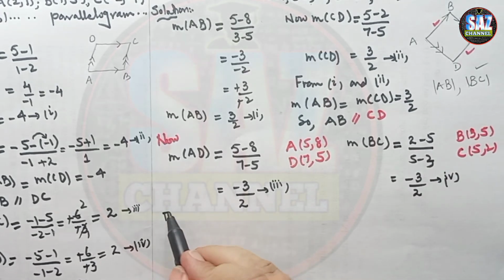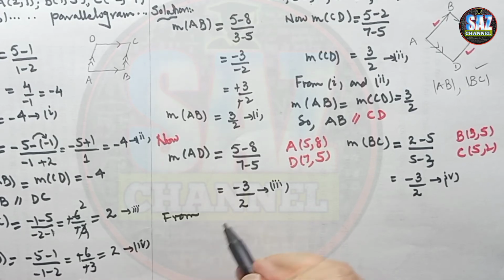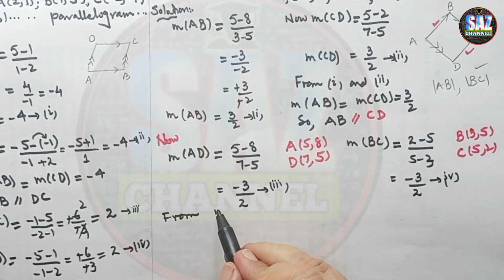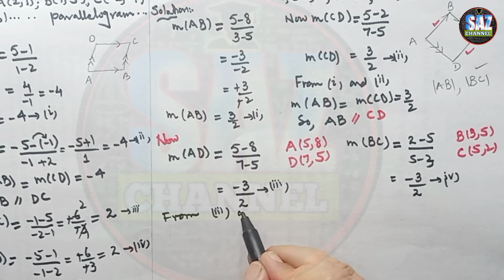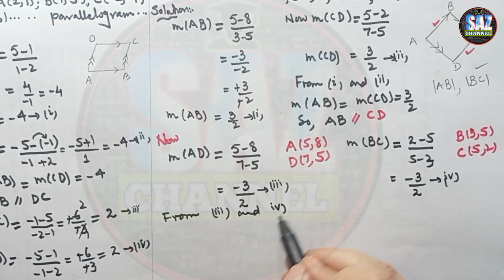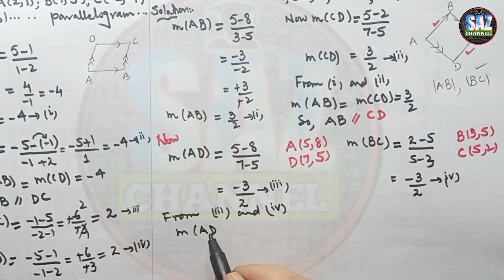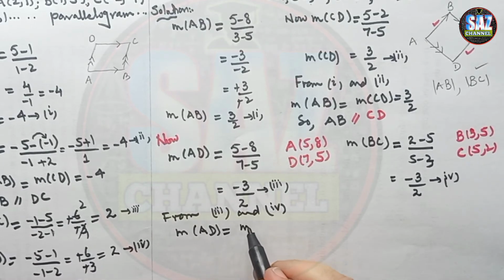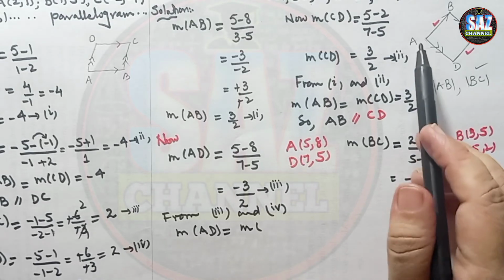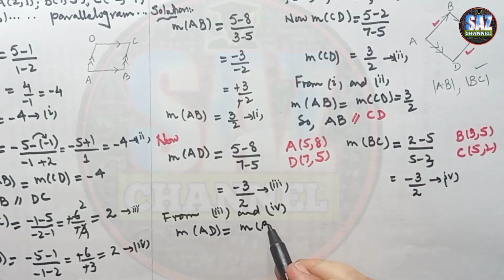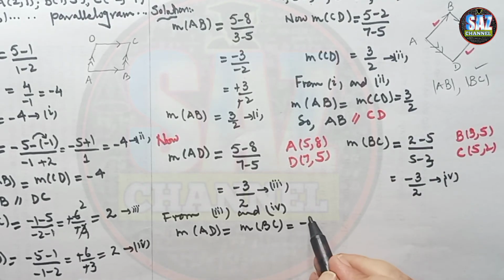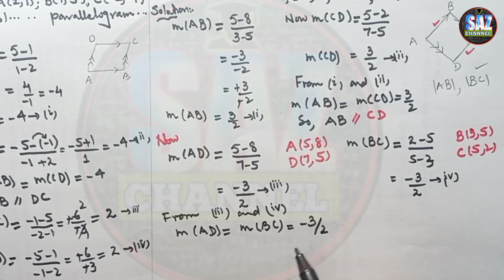From 3 and 4, what we are observing is that gradient AD equals gradient BC. AD and BC are the same, which are equal to 3 by 2 with a negative sign.